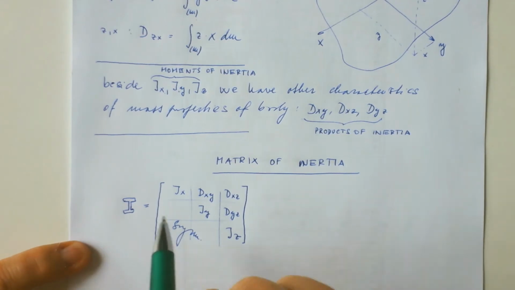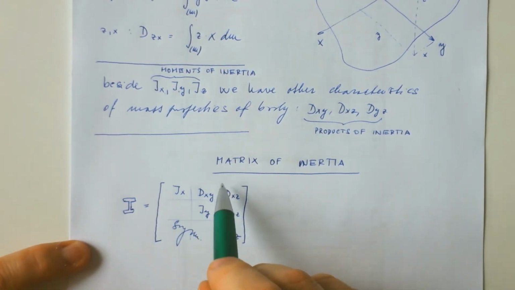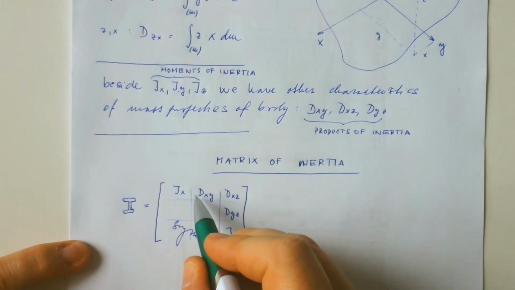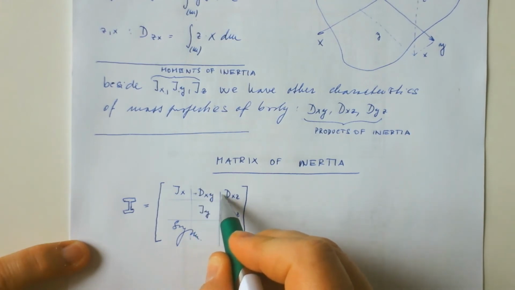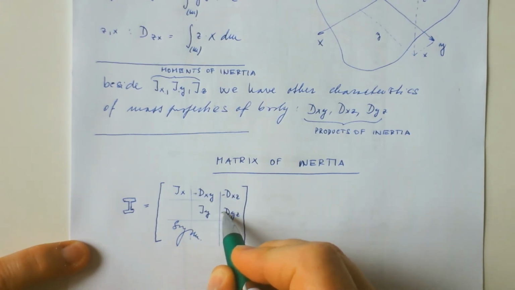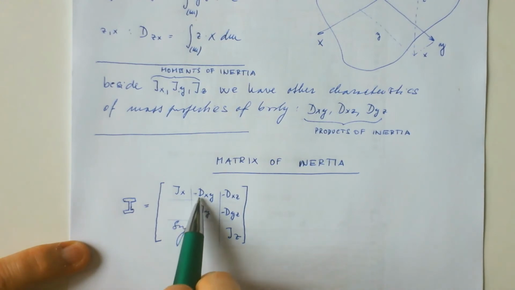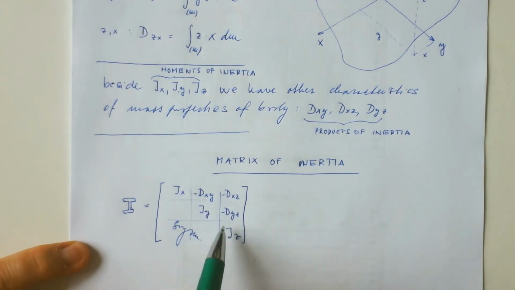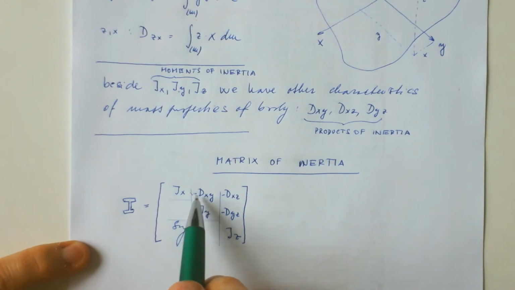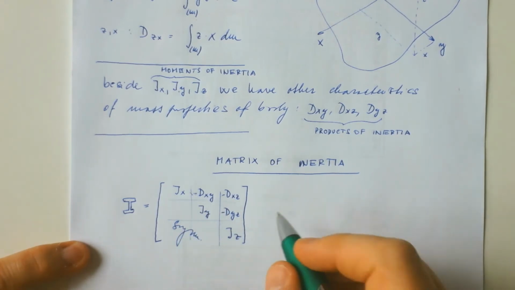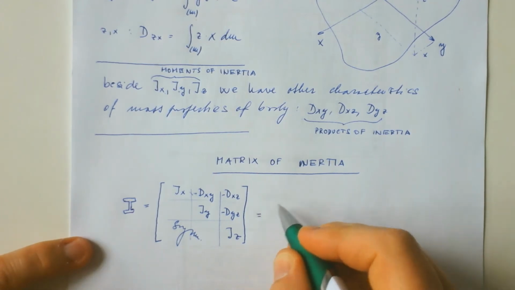In accordance to definition of matrix of inertia, we must remember that we must add minus in front of every d. Okay, it comes from definition. You don't have to think about it a lot. Just remember that.